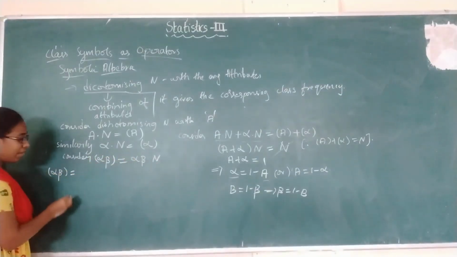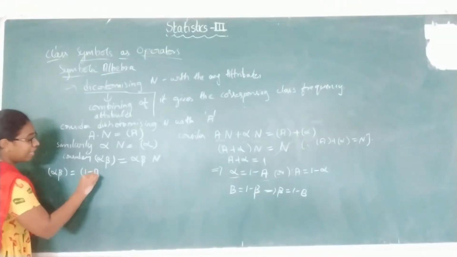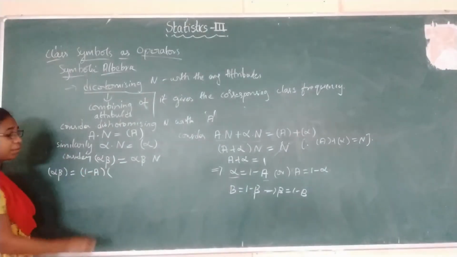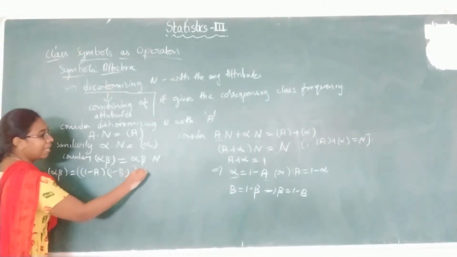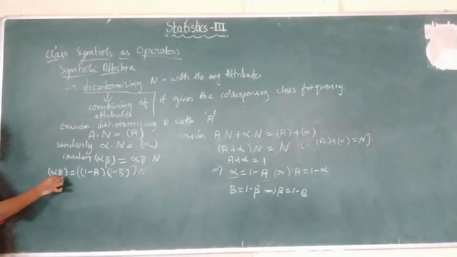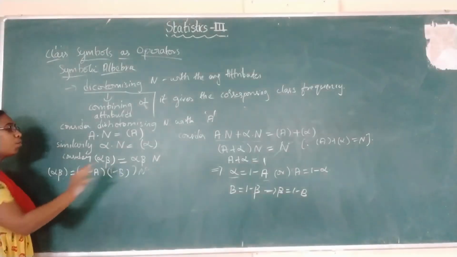What is the alpha value? 1 minus A. And what is the beta value? 1 minus B, into capital N. So these are the negative classes, and now I have converted them into positive classes.